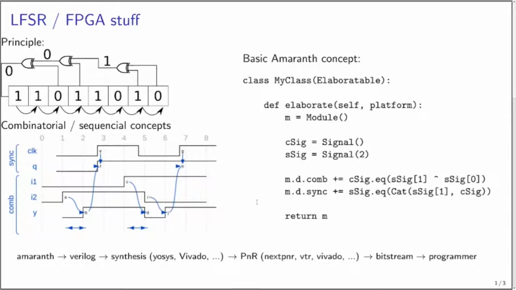In the Amaranth context, everything is a class. When an algorithm must be implemented, it's required to create a new class inherited from Elaboratable. The most important method of this class is the method elaborate, called by Amaranth itself.